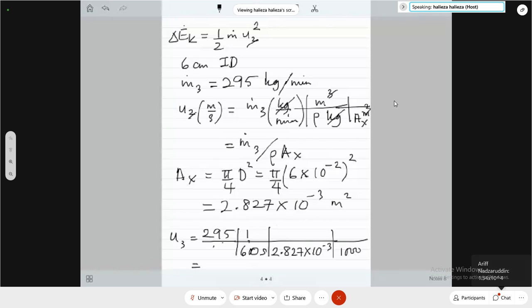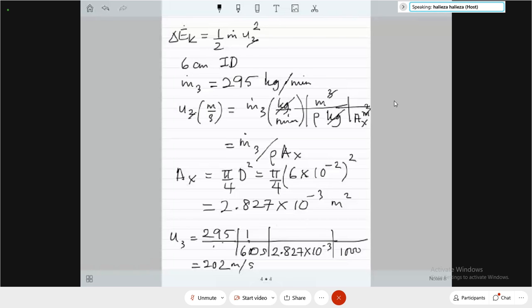The velocity should be 202, is it? Yeah, 202 meter per second? Yes, double check, please. Yes, that's correct. Good.